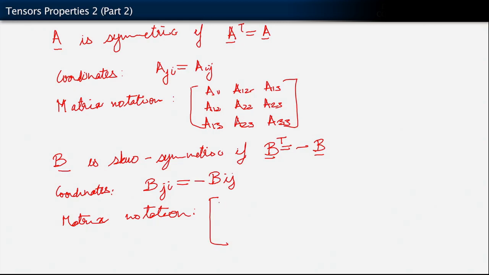So the diagonal components of a skew-symmetric tensor are 0, and the off-diagonal components are negatives of one another. So we can have b12, b13, b23, minus b12, minus b13, and minus b23.